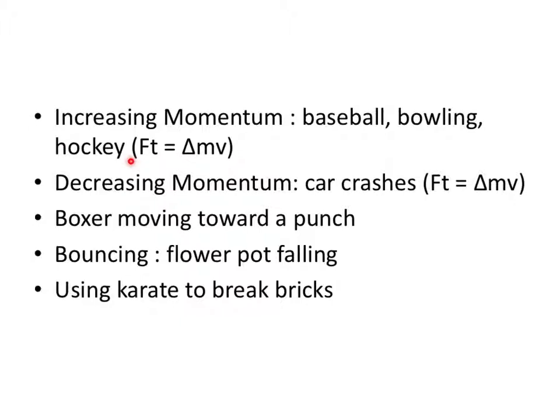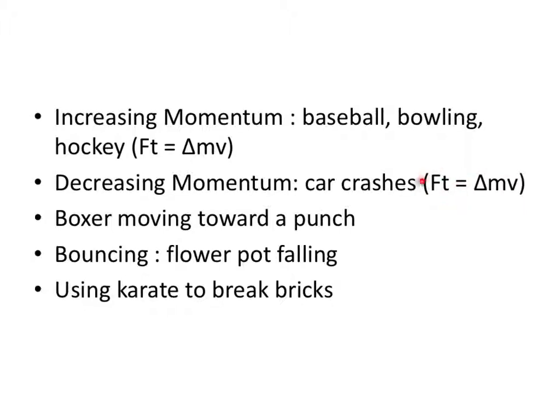All right, now let's look at the other side of the coin. In some instances, momentum is going to be decreased. So let's say that you're driving along in your car at 60 miles per hour, and the car crashes, it comes to an immediate stop. Well, the car is experiencing a change in momentum, and what does that is a force on the car, product of force times time.